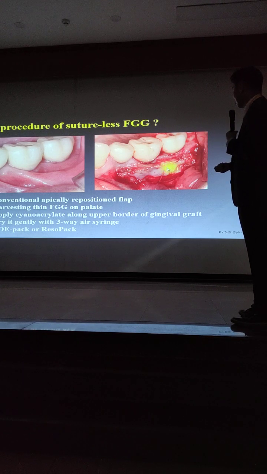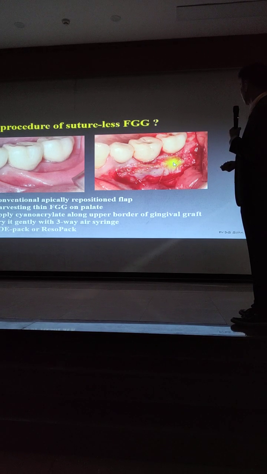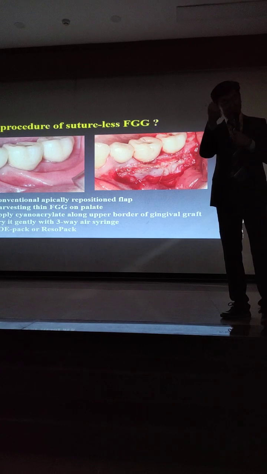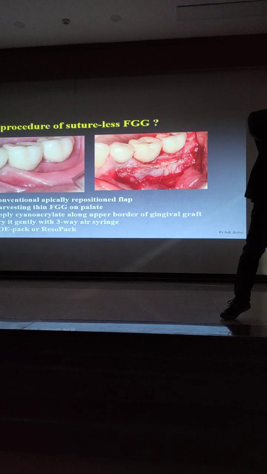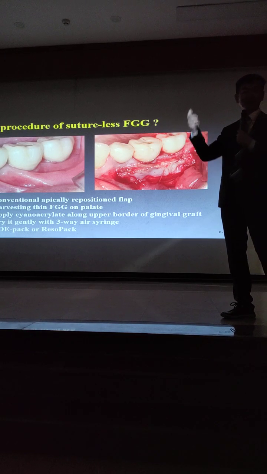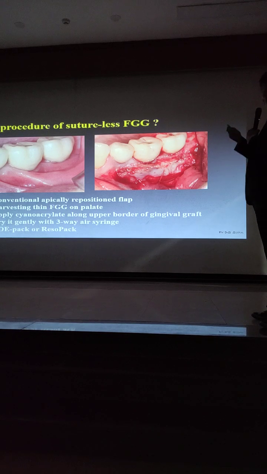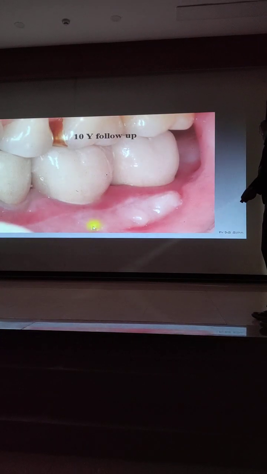Then place the FGG here and apply one or two drops of cyanoacrylate along the upper border of the FGG, and use resins and dry it gently.